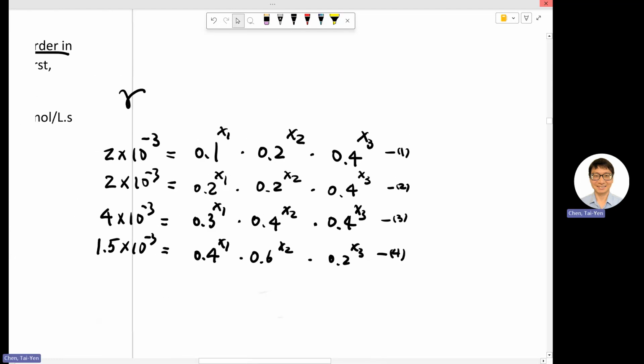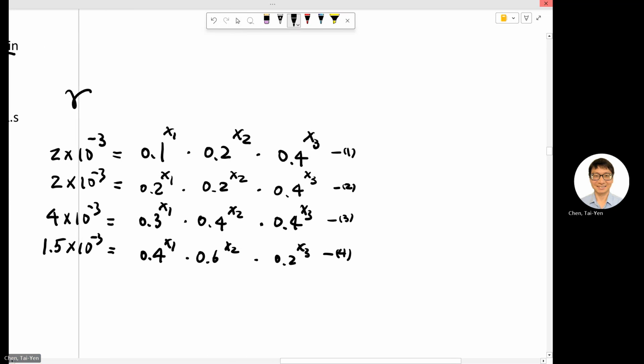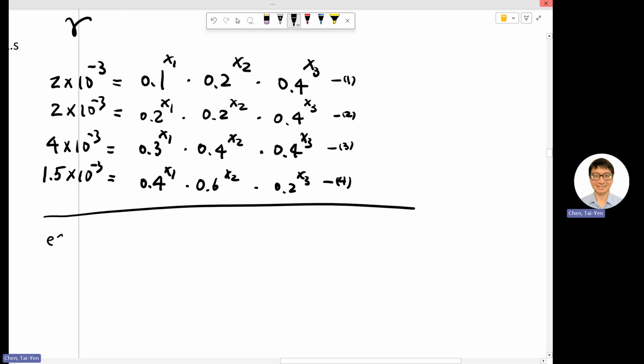So if I do equation 2 divided by equation 1, what do you get on the left-hand side? 2 times 10 to the negative 3 divided by 2 times 10 to the negative 3 is just 1. Very simple. On the right-hand side, 0.2 to the x1 power divided by 0.1 to the x1 power.